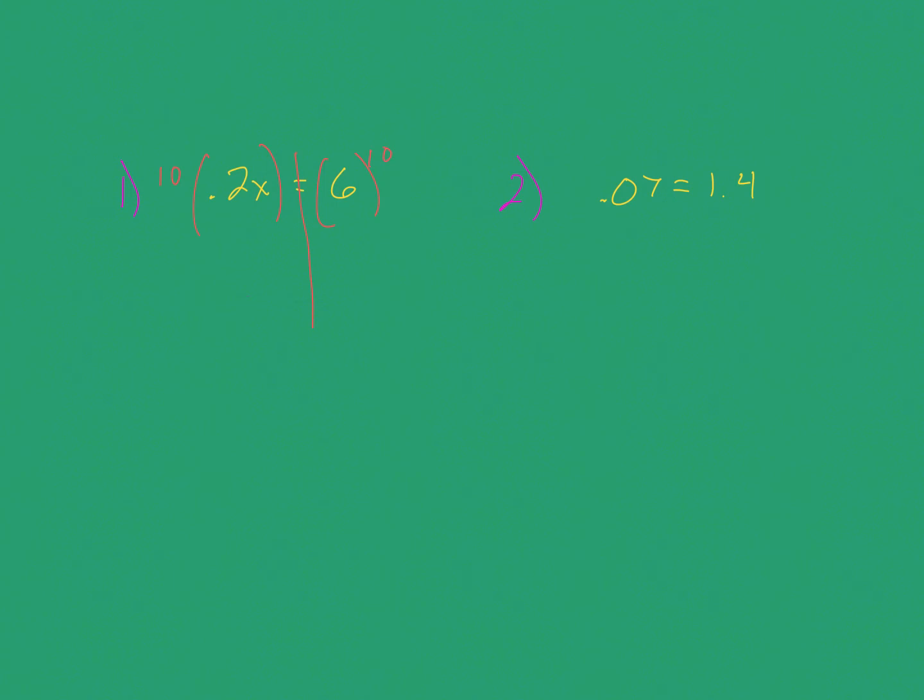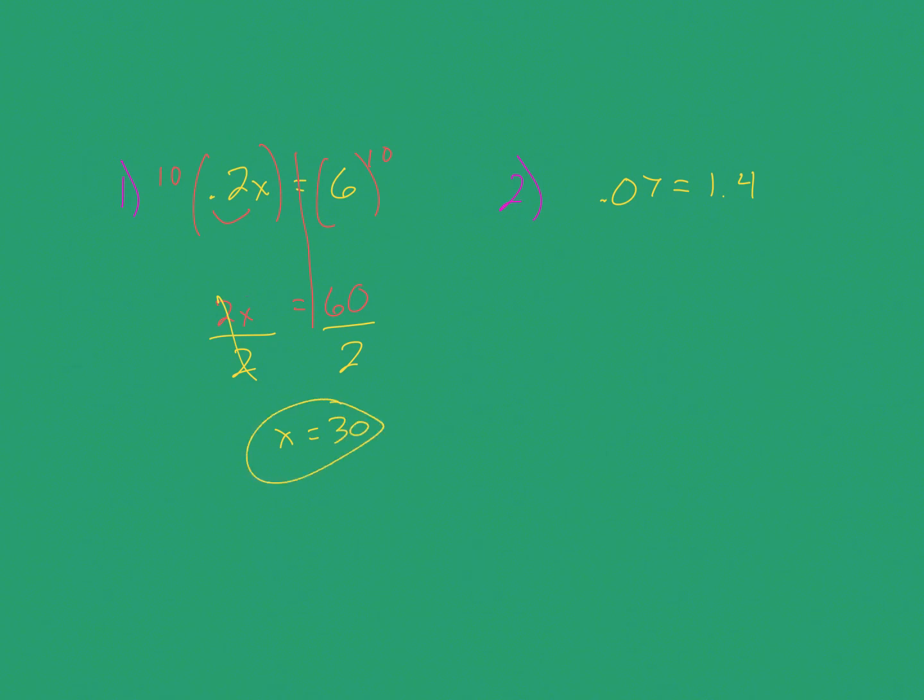And the reason why we multiply both sides by 10 is that it moves that decimal over one place. So I actually end up with 2x is going to be equal to 60. And multiplying by 10 just got rid of that decimal point, which is what I was trying to do. And then now I would divide both sides by 2. So then x is going to equal 30.